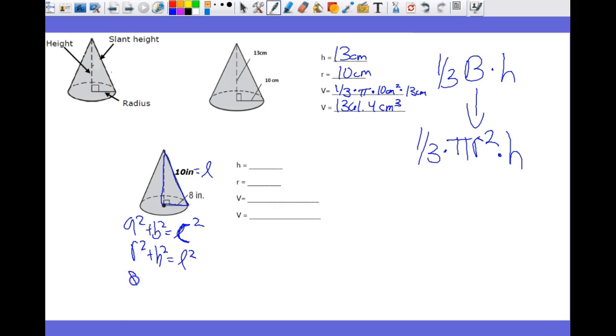Radius is 8, so 8 squared, plus h squared is equal to 10 squared. 64 plus h squared is equal to 100. Radius squared plus height squared. Subtract 64 from both sides, and we get h squared is equal to 36. h is equal to 6 inches.